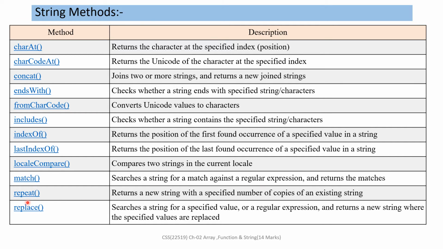repeat returns a new string with a specified number of copies of an existing string. Next is replace. It searches a string for a specified value or a regular expression and returns a new string where the specified value is replaced.